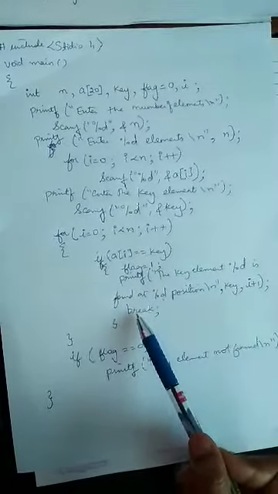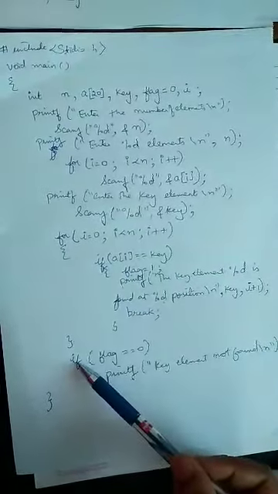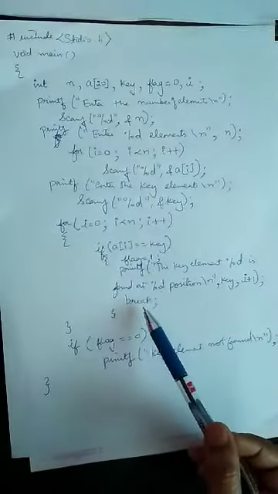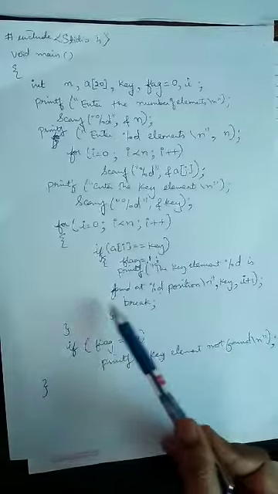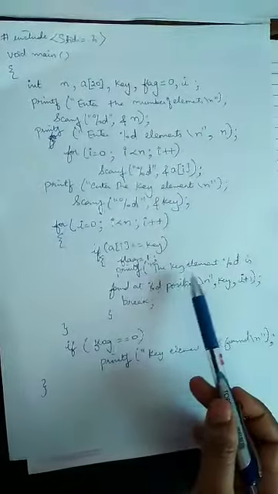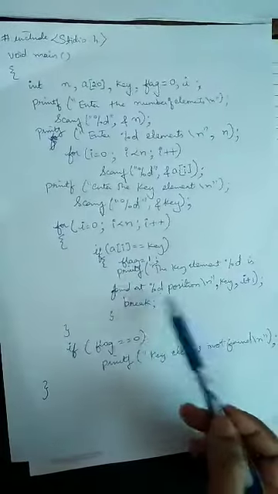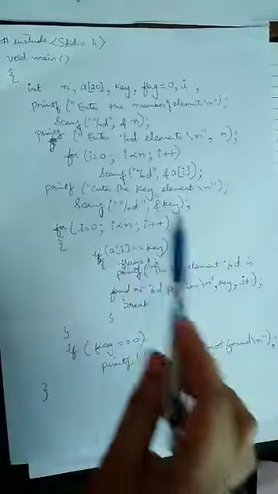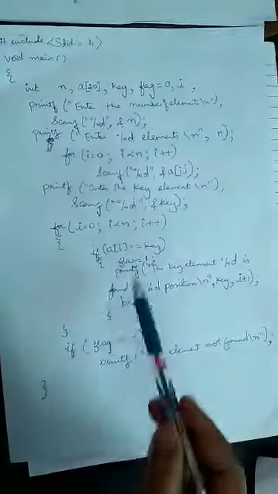So what will break do? It will come out of the for loop. Break is used inside a looping construct, and it comes out of that particular loop. So once the key element is found, we print it and come out of the loop.